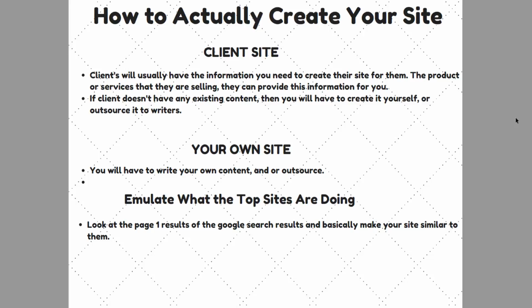So if they have an About Us page, if they have a service page, I'm going to do that. And if they have specific pages for specific problems in that particular niche, I'm definitely going to create a page for that. So you want to emulate what the top sites are doing, and then also obviously put in your own keywords and your own pages, which we'll talk more about in future videos.